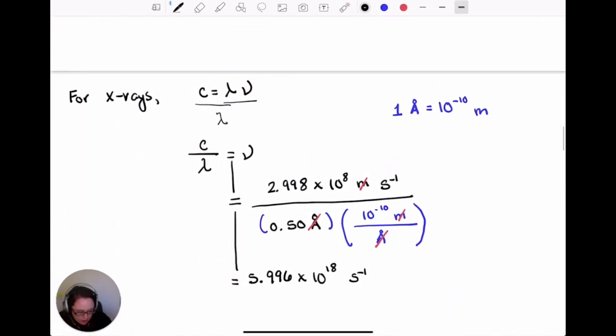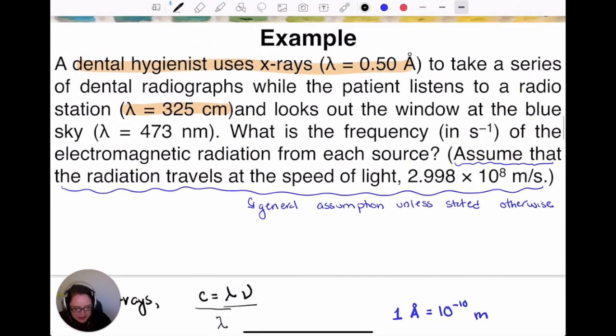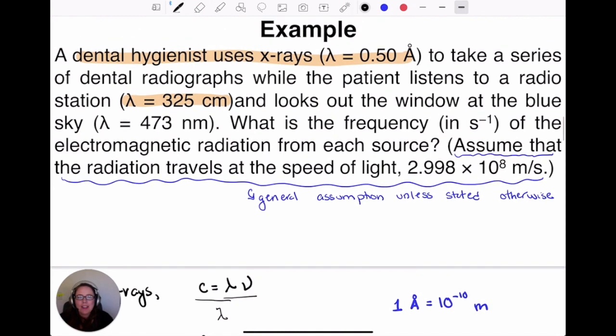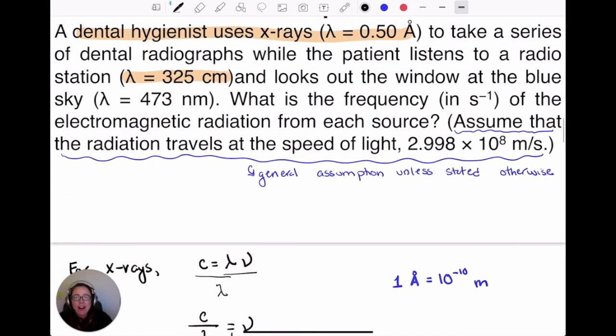And then I know that we always want to go back and check our significant figures. So our significant figures are not being limited by our conversion factor, or by our speed of light. They're never being limited by our conversion factor because that's going to be an exact ratio.